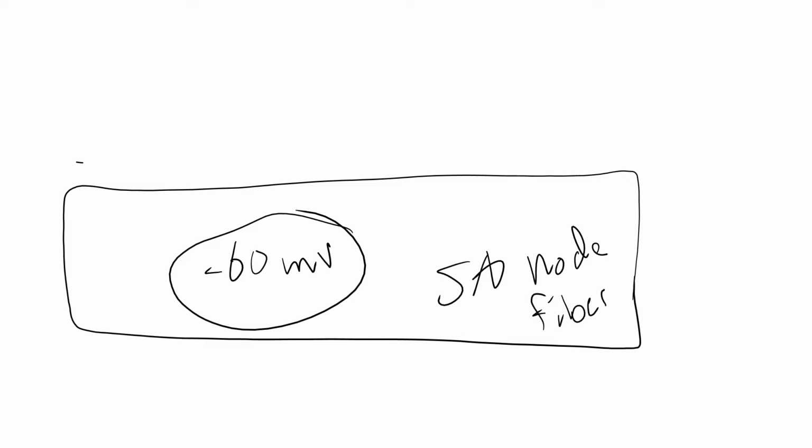If you were to probe an SA node fiber and look at its membrane potential, it wouldn't have a resting membrane potential, but the most negative that it would get in kind of a resting circumstance, meaning that the person isn't exercising or they're not sedated or something, you would see that the most negative that the fibers would get would be around -60. And then once it hit -60, it would begin to depolarize.